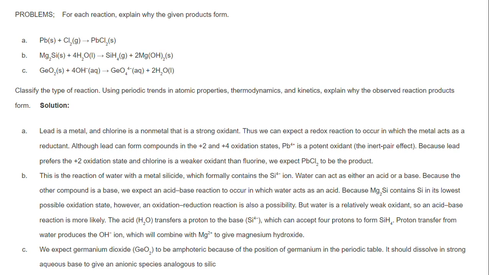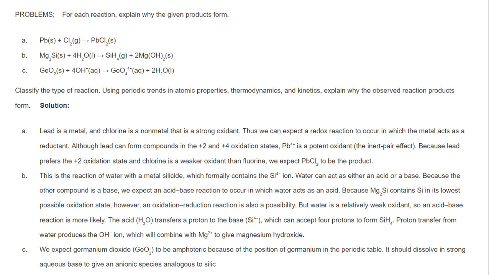So here we can give the explanation for the formation of lead chloride: lead is a metal and chlorine is a non-metal that is a strong oxidant, and we can expect a redox reaction to occur in which the metal acts as a reductant.